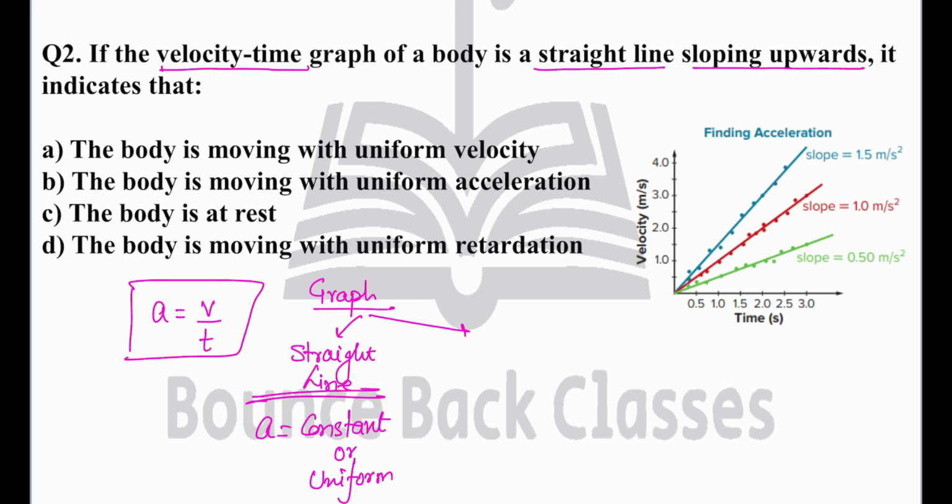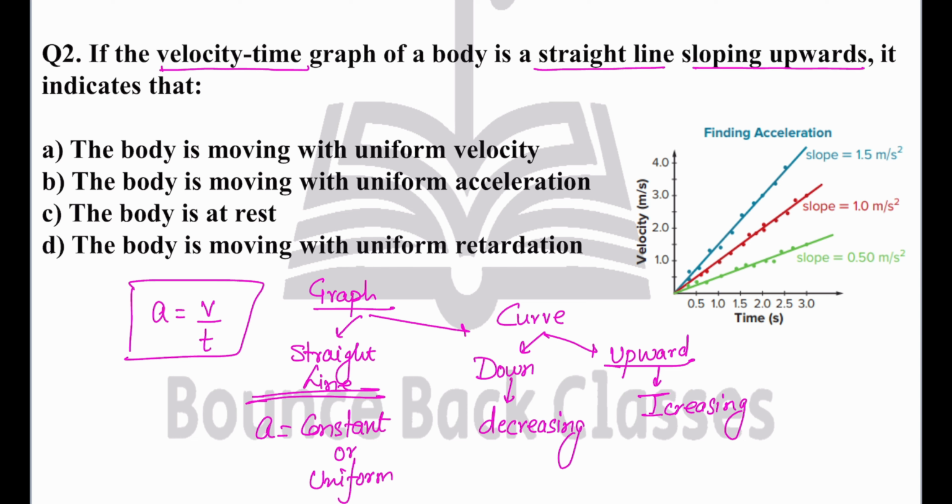If the graph is a curve, it means two types, downward or upward. Upward means increasing. Downward means decreasing. Do you understand?